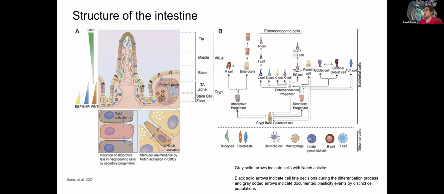entero and endocrine cells, where we see all different types of epithelial cells, where they differentiate from enterocytes and the M cell.